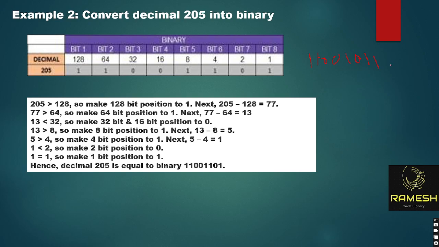So this is a binary value. If you convert this binary value into decimal, what is the value? It is 128 plus the second bit position set to 1. It means you need to add 64. The third bit is set to 0, you don't need it, the fourth bit is set to 0, and the fifth bit is set to 1, you need to add the fifth bit, right? What is that? It's 8.